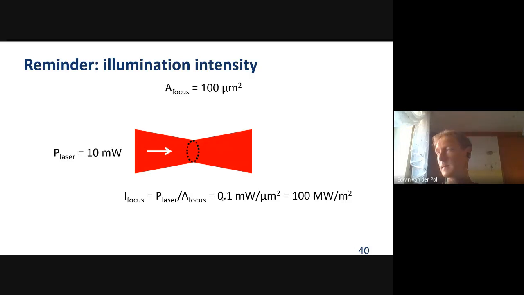That doesn't look like much, but if you wanted to illuminate a whole square meter with this illumination intensity, you would need 100 megawatts. That's a big power plant. So just with a lens and a laser, you can actually get a high energy density optically.